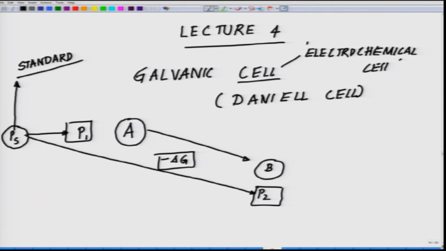Now, what we decided, we considered this as metal 1 and this one as metal 2. So, there are two metals where we are calculating it. Let us take a practical example of an electrochemical cell, which is made up of zinc and copper.